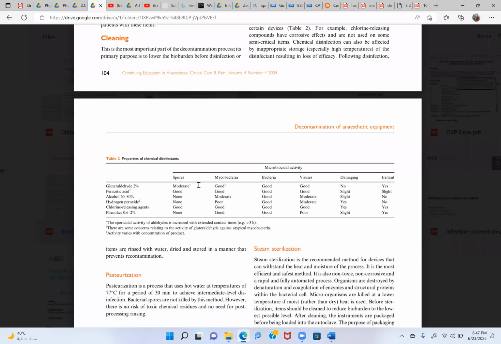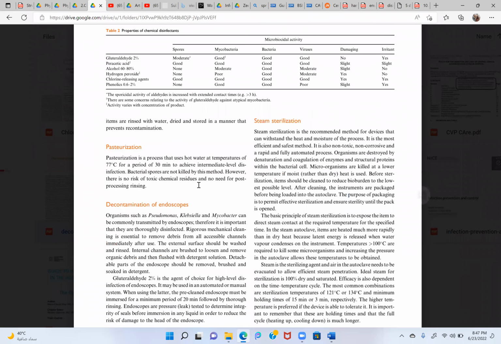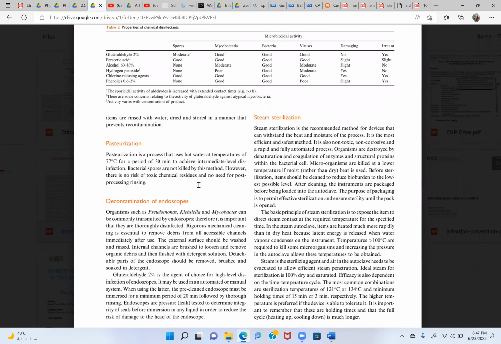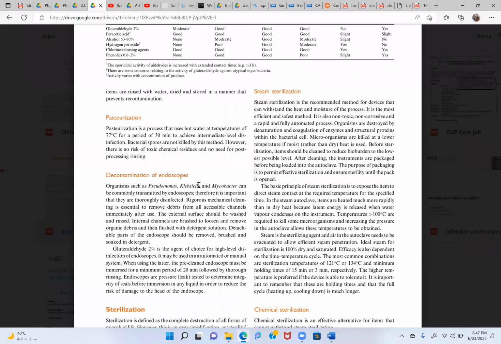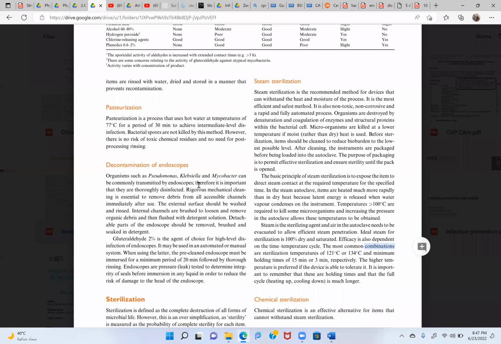Which is the most effective way, steam sterilization or chemical? Steam, sir. Actually in steam, the important thing is the pressure and the duration, because as the pressure and temperature are increased, the duration required will be reduced.